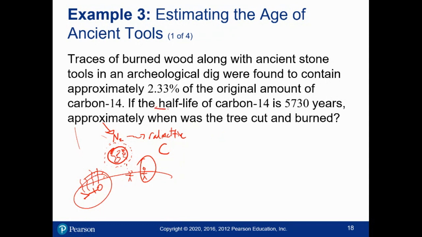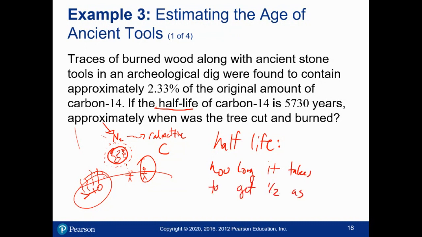Now, this term half-life, in earlier examples in financial and bacterial models, we talked about doubling time, how long it takes something to get twice as much. This is how long it takes to get 1/2 as much. It's the 1/2ing time.